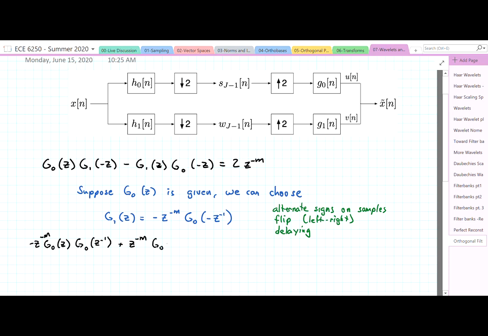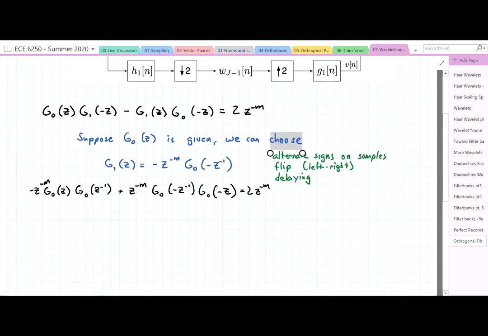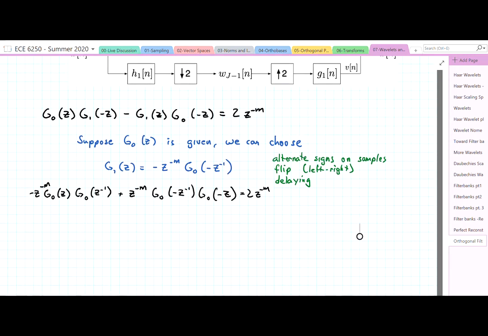We have G naught of minus Z to the minus 1, and G naught of minus Z, we want that to be equal to the Z to the minus M. Okay, well, I know what you're hoping, and it's kind of what I was hoping too, but it didn't happen.